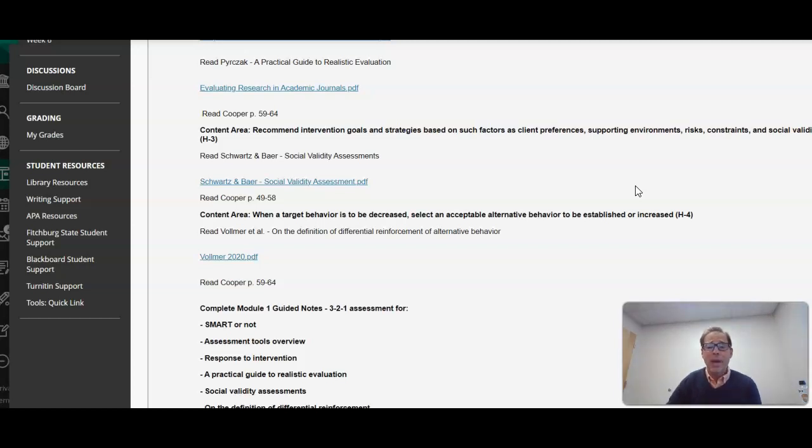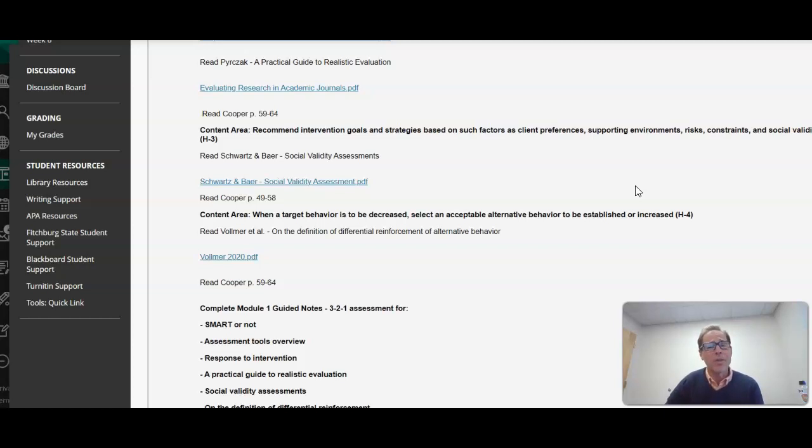Maybe we have an intervention that's peer reviewed, that is appropriate for the behavior change we're looking to impact, but it's not something that is acceptable to the client, or the environment just won't support its implementation. Right? You might think about something like an attention extinction procedure, but you know that there's no way that everyone in the environment is going to be able to withhold attention.